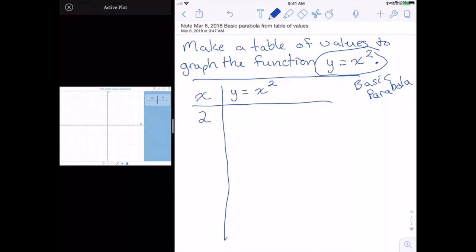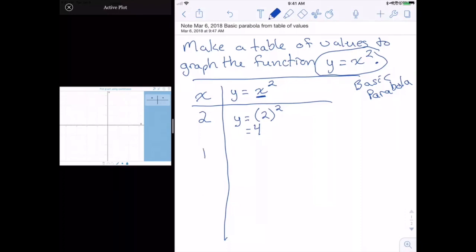So if x equals 2, then I'll input 2 where the x would be in the formula. So the formula for the function right here, where x is, I'm going to put 2. And then I'll solve for y. So 2 squared is 4, so that means that when x equals 2, y is going to be 4.